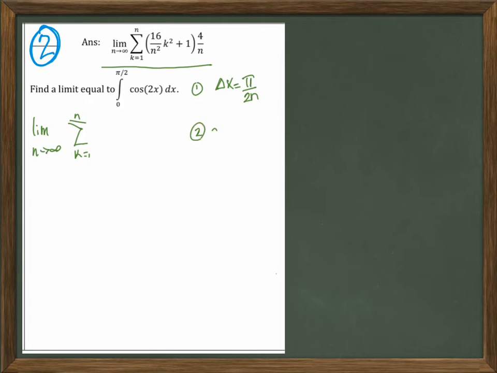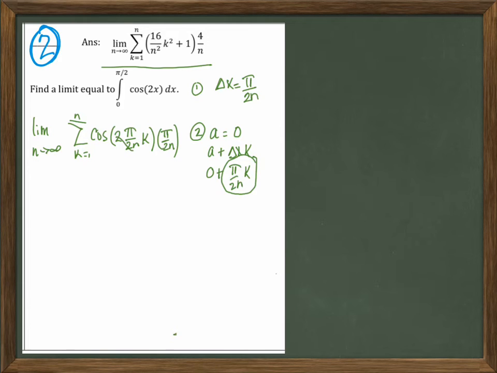Okay, so now I know that a is equal to 0. So my x k would be a plus delta x k. I'll write it here till you get used to it. A is 0, so 0 plus delta x k is pi over 2n k. This is what we put inside our function. So we get cosine of 2 times pi over 2n k, and then times delta x, which is pi over 2n.